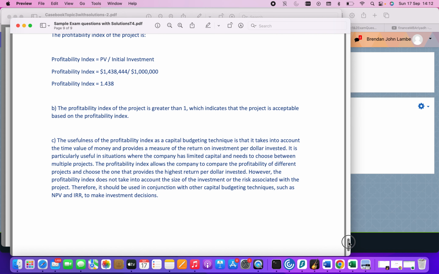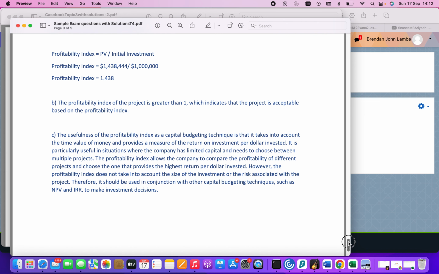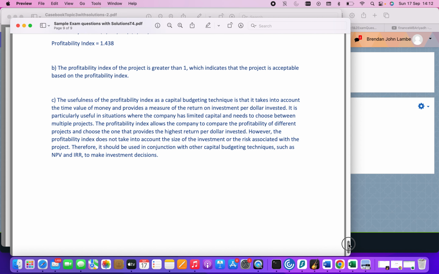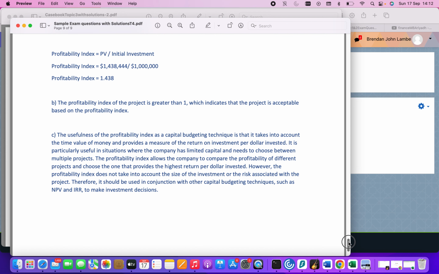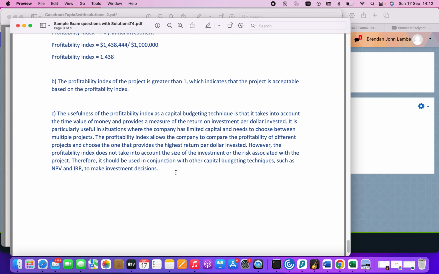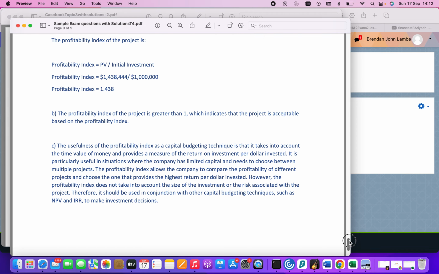But you can draw a question over the cash flows themselves, as to whether you can rely on the cash flows or whether there's any subjectivity involved. So when you're using the profitability index, always use it in conjunction with NPV and IRR.